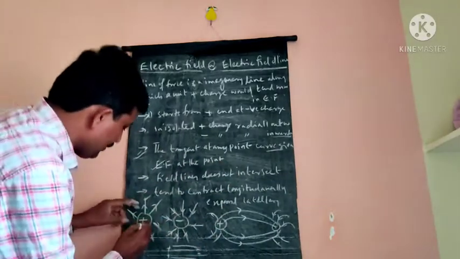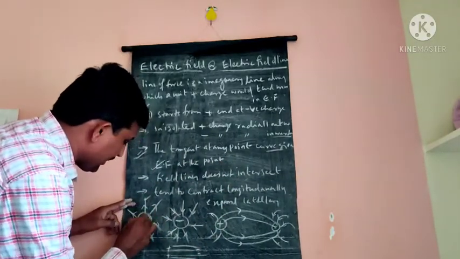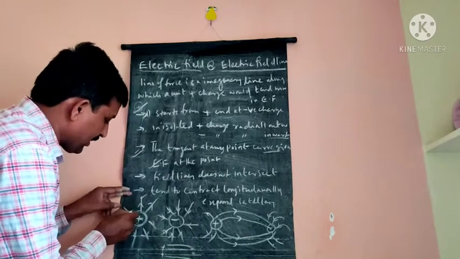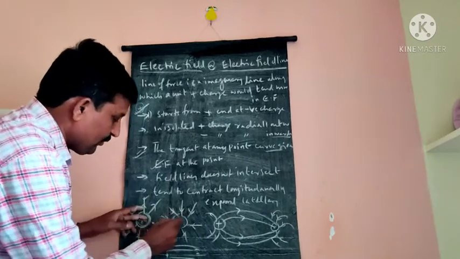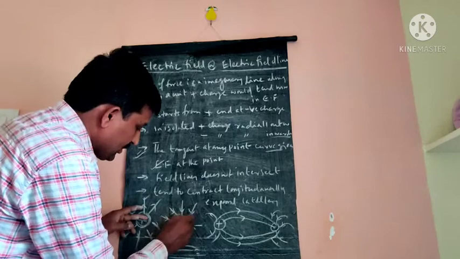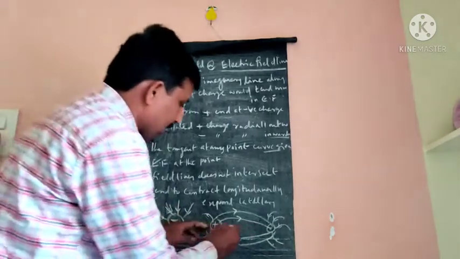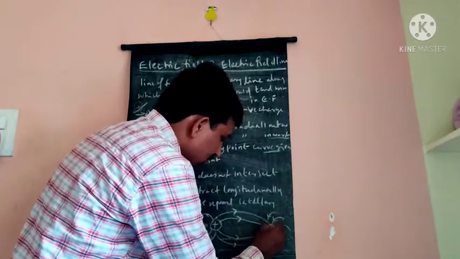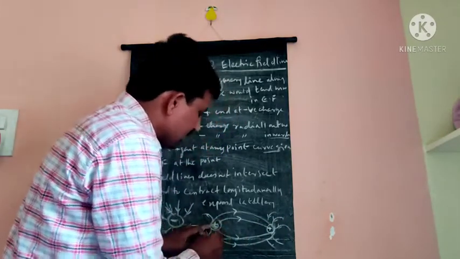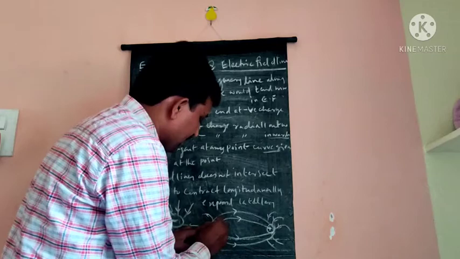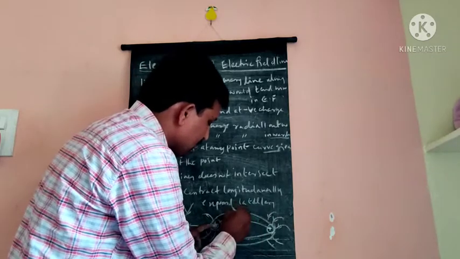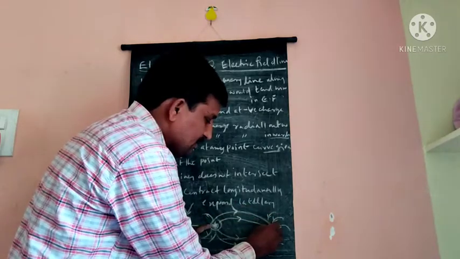Let us take one isolated positive charge: the electric field lines are outwards. For an isolated negative charge, the electric field lines are inwards. For unlike charges, positive and negative, the lines start from the positive charge and end at the negative charge.